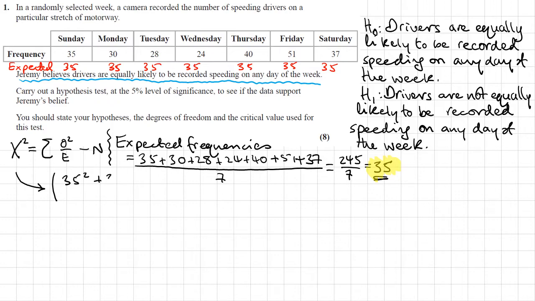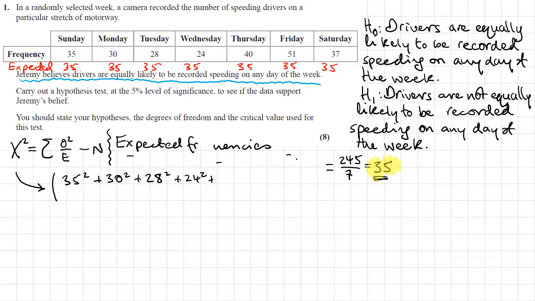So 35 squared plus 30 squared plus 28 squared plus 24 squared plus 40 squared plus 51 squared plus 37 squared, all over the expected frequency, which is 35, because they've all got the same expected frequency. And then I subtract from that the number of observations, and that's this 245.